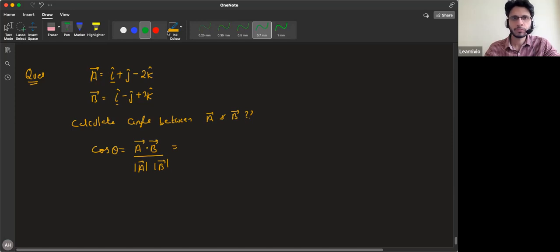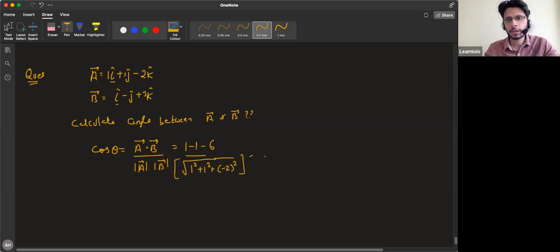1 minus 1 minus 6, divided by the magnitude of vector A. The magnitude of vector A is root over the coefficient of i cap is 1, j cap is 1, k cap is minus 2. So it's 1 square plus 1 square plus minus 2 square. Then again, it's root over 1 square plus minus 1 square plus 3 square.